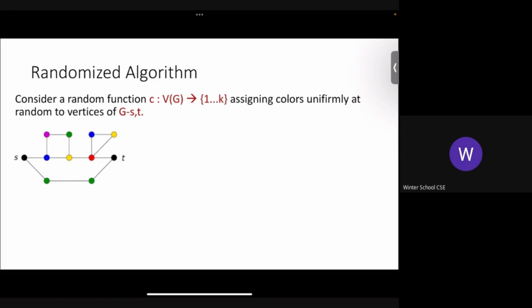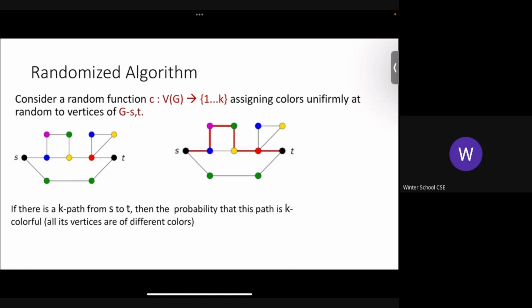I consider a random function which assigns colors uniformly at random to vertices of the graph. If there exists a k-path from S to T, then the probability that this path is colorful, with all vertices of different colors, is significantly non-zero. It's quite good.